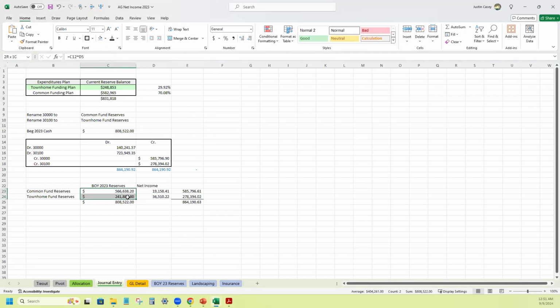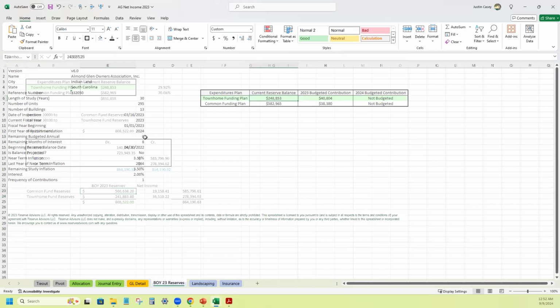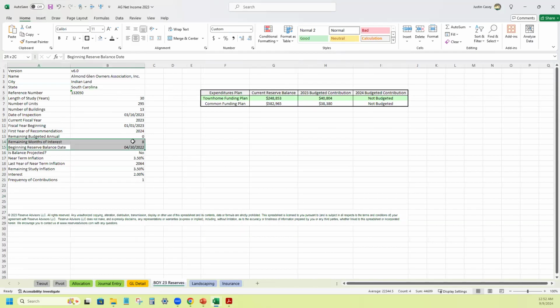And so the way to tie out the current equity on the balance sheet is to do a proportionality of what the reserve balances were as of the reserve study. Looks like this 831 might have been calculated as of 4/30/2022. That doesn't make a lot of sense to me because we had them out here as of March 16th, 2023.